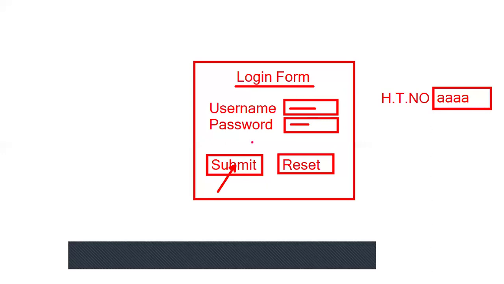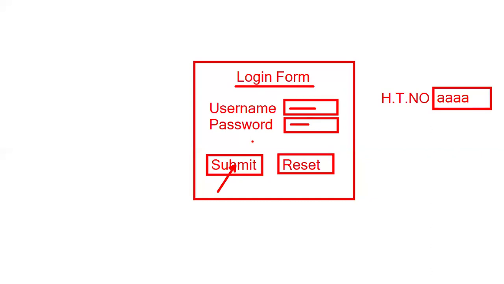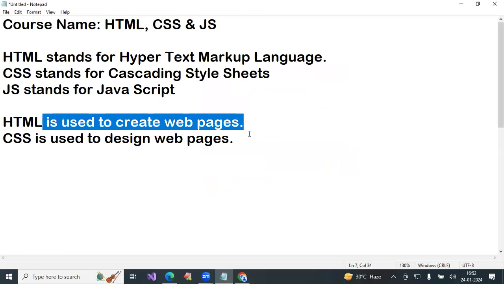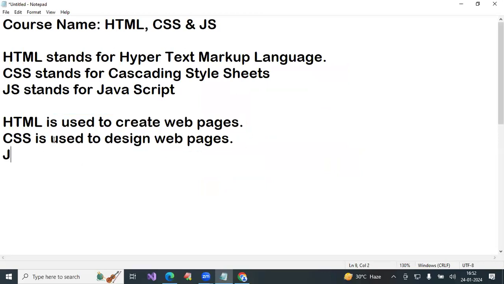.NET people also use JavaScript. PHP people also use JavaScript. And Python people also use JavaScript. All are using JavaScript. That much popular, JavaScript. So here, HTML is used to create web pages. CSS is used to design web pages.